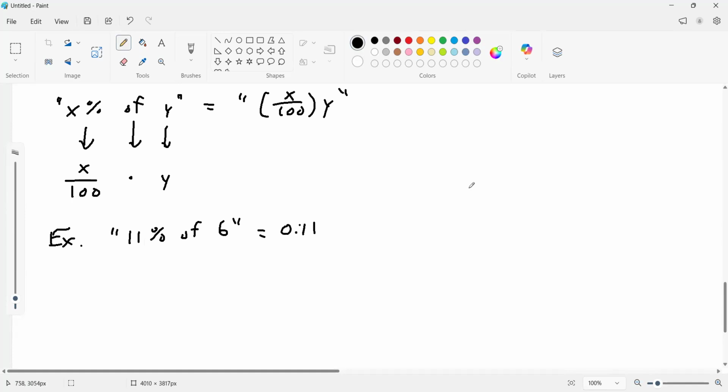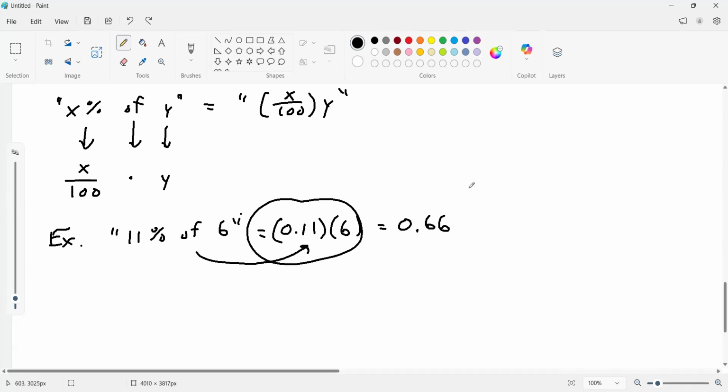If I move over my decimal, this is now the decimal form, 0.11, and "of" is times 6. So in this case that would be just 0.66, pretty straightforward. So 0.66 is 11% of 6.